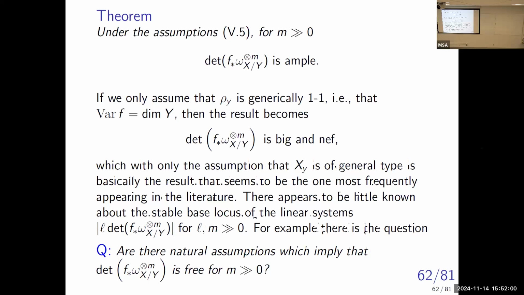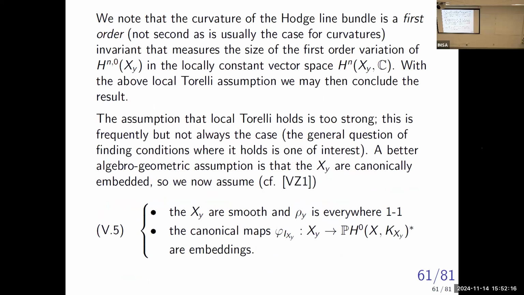In the minimal model program and so on, these types of questions, the base point free property and stuff like that, keep turning up. In Hodge theory, they've not been used so far as I know.